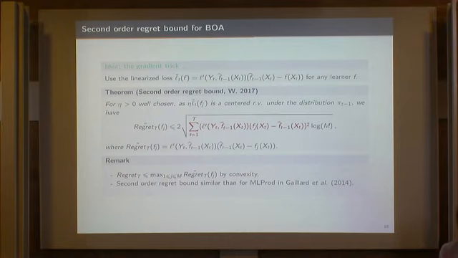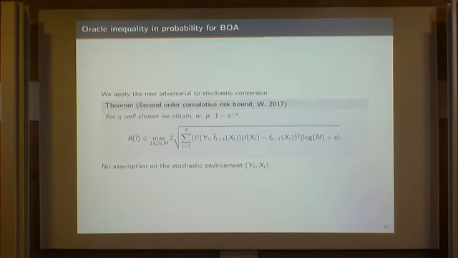So we know that we have to face a square root of t bound. But now we can go with high probability to a stochastic environment and obtain the same bound for the cumulative risk, and this bound is true without any assumption on (y_t, x_t).